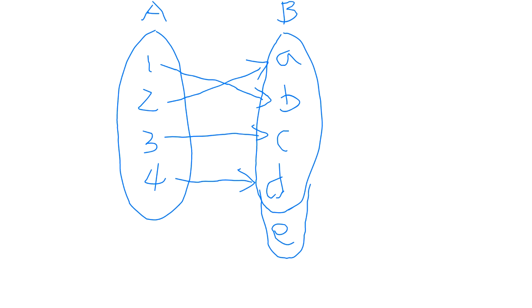Like one going to A and one going to B, not a function. That's what you call one to many. So you always have to think from the standpoint of B for both injection and surjection. Correct. The codomain is the important part, or the range.